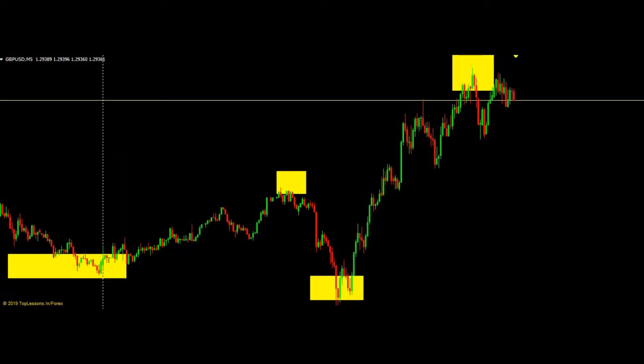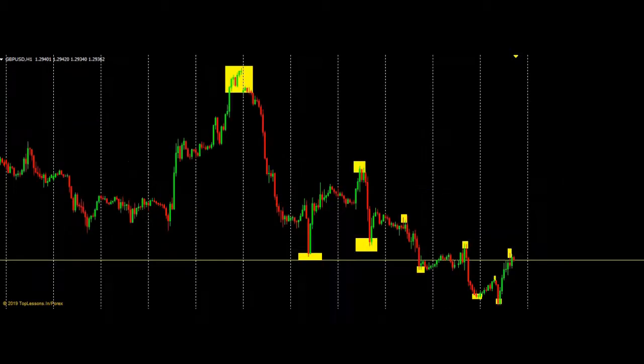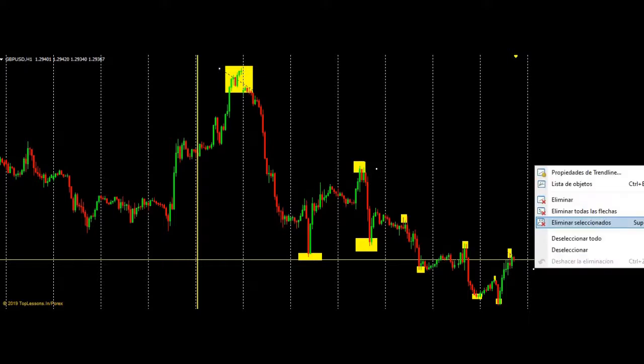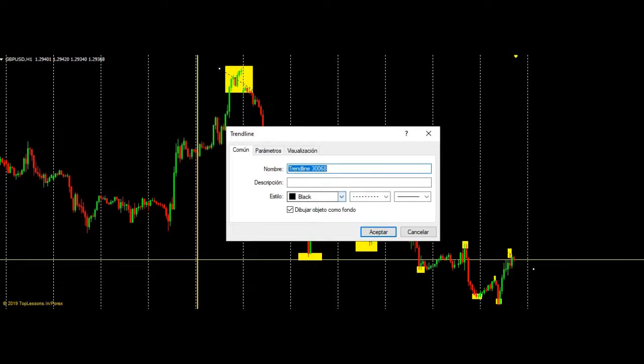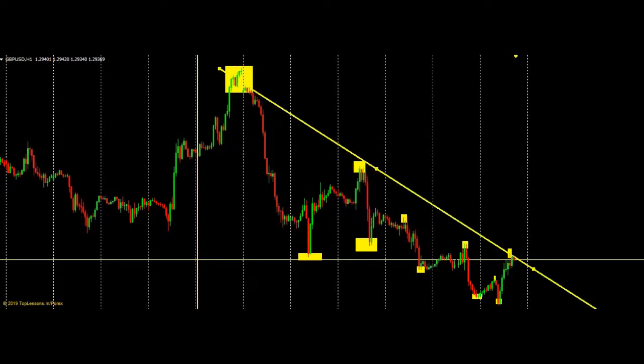If we want to work in the 1 hour chart, we must draw the line with the high peaks.